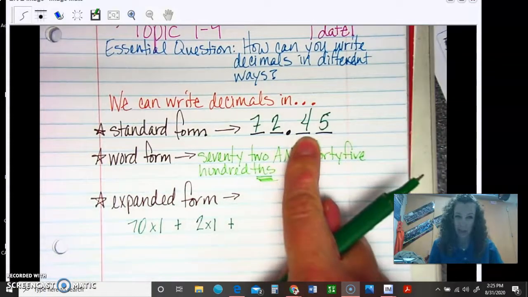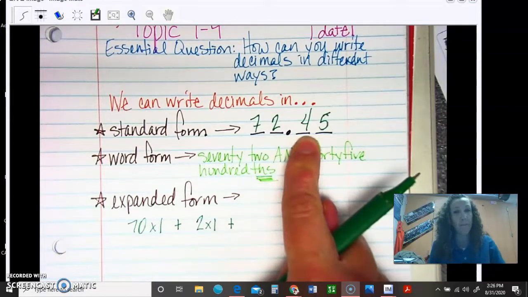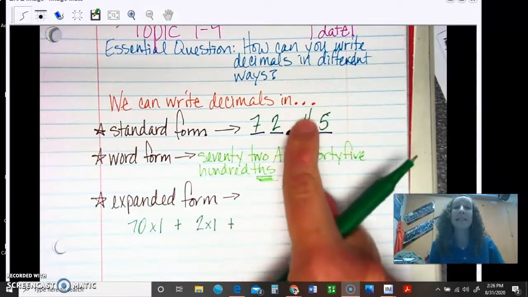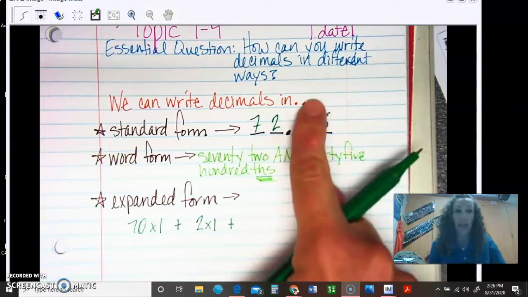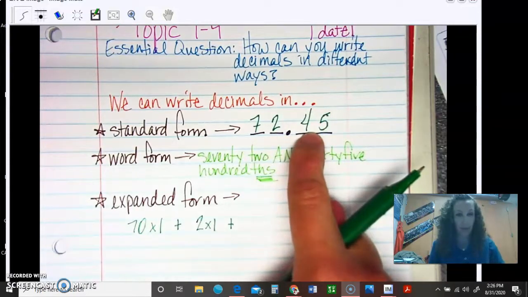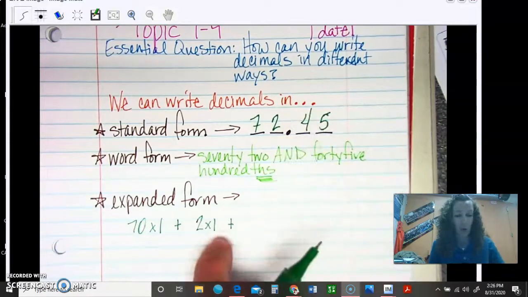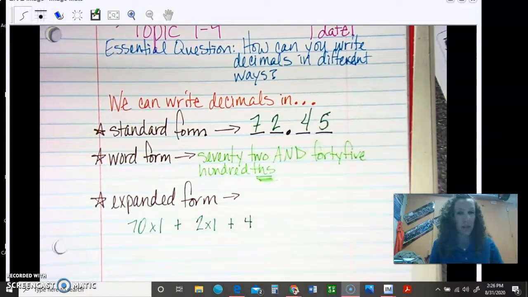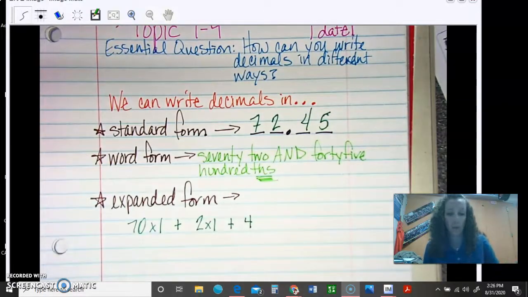This is where it gets a little different than earlier grades. Because earlier grades you've had expanded form, right? But it looks a little different when you do decimals. So we're going to take this actual digit, remember the vocabulary, the digit. I'm not talking about the value yet, just the digit. We're adding the digit.